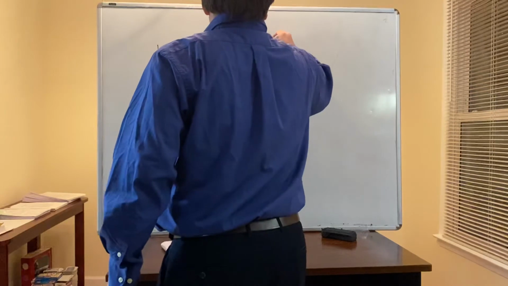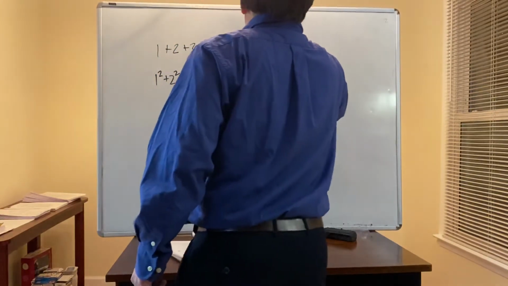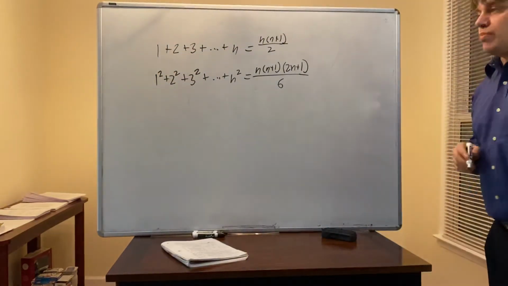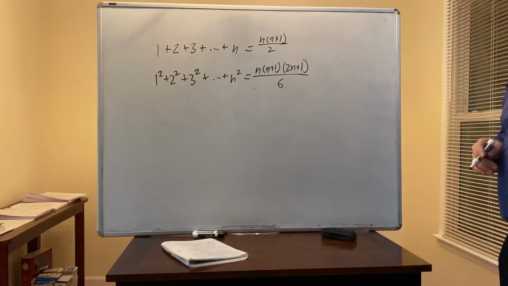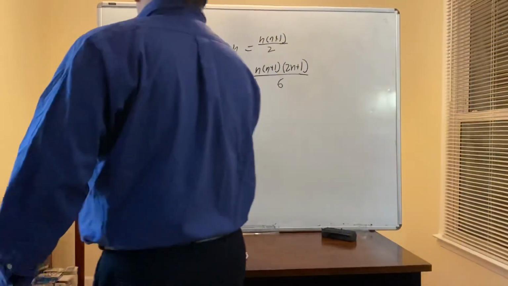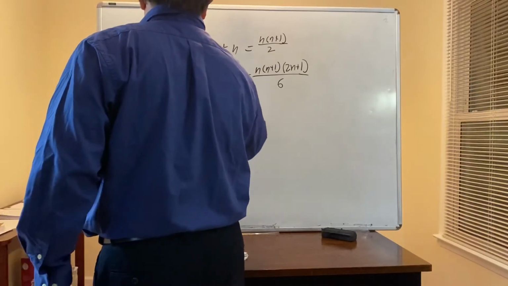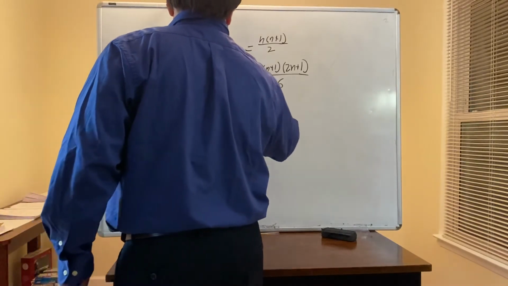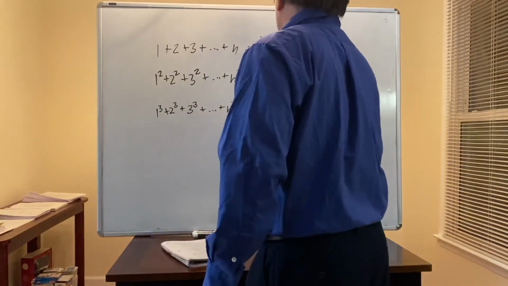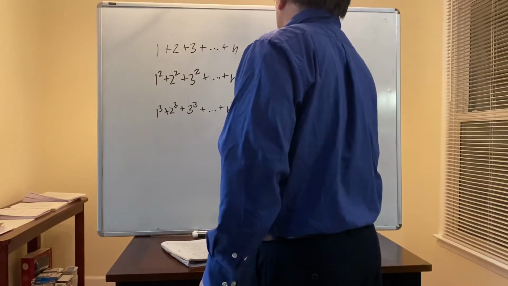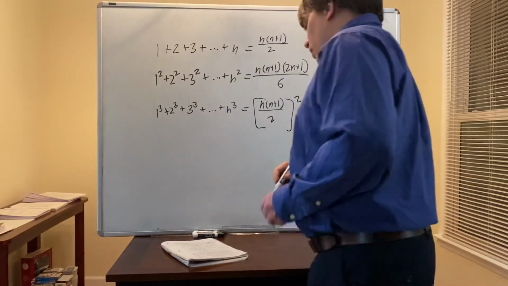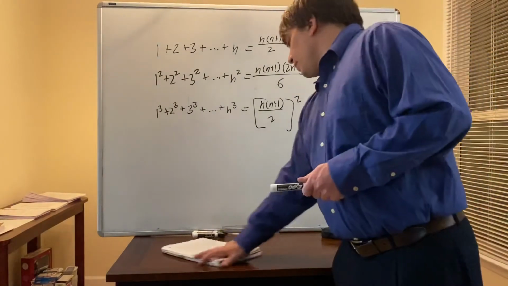Another important equation is 1 plus 2 plus 3 plus dot dot dot plus n. That's equal to n times n plus 1 over 2. That's another important formula. And then another important formula is 1 cubed plus 2 cubed plus 3 cubed plus dot dot dot plus n cubed. And that's equal to n times n plus 1 over 2, that entire thing squared. Okay?